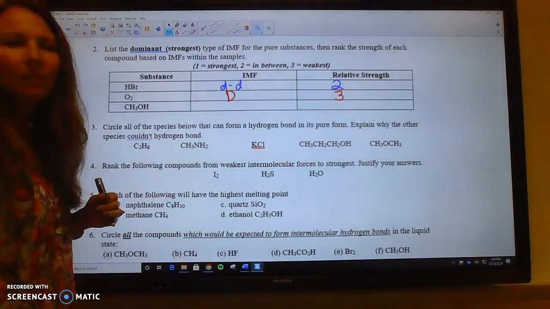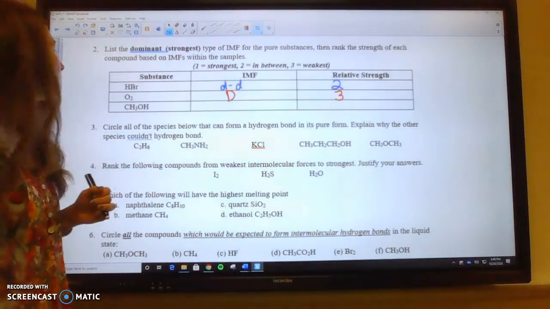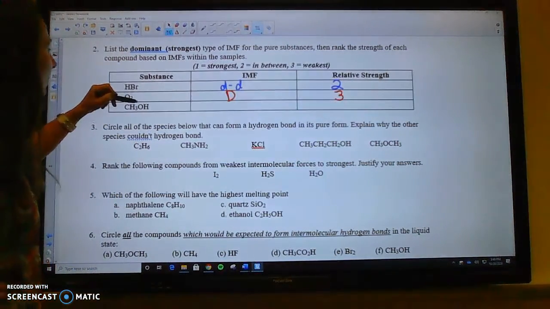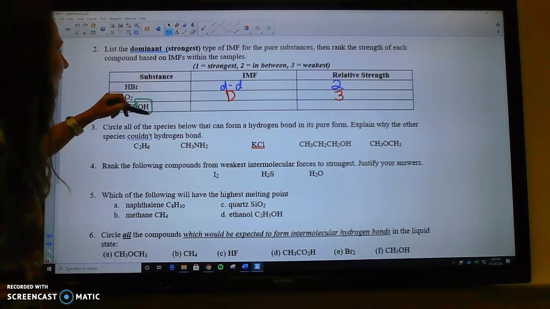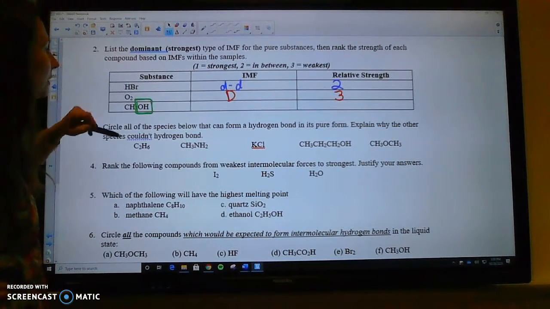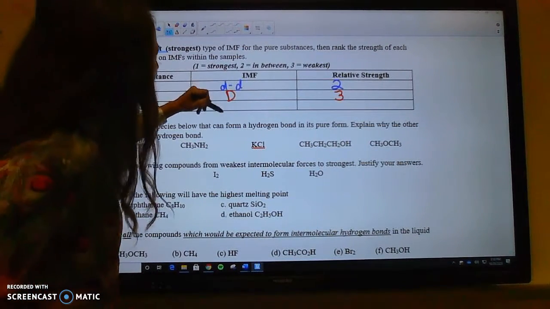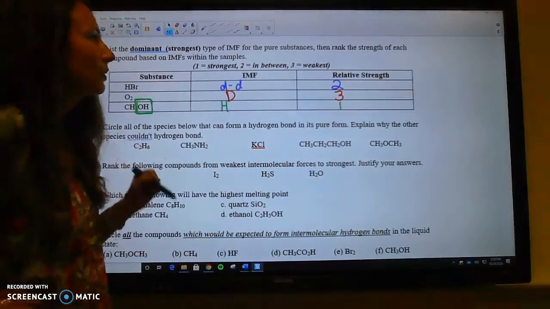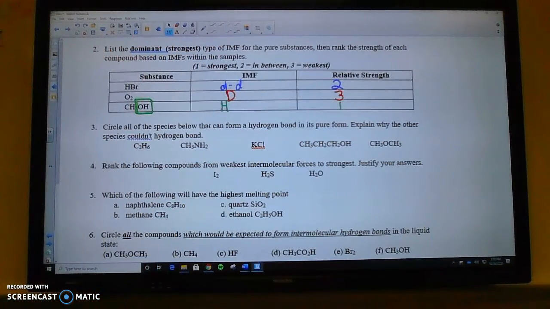And then, let's see, do we have hydrogen bonding? So we do, and not because of this hydrogen, but because of this one right here, because it is shown as OH, that is hydrogen bonding. So hydrogen bonding is the strongest strength. Okay? All right, moving on.